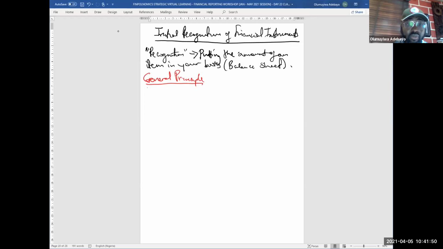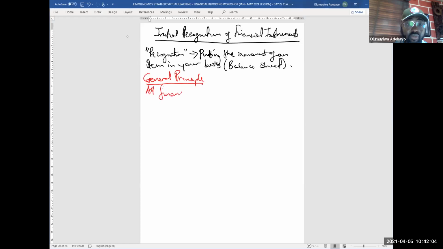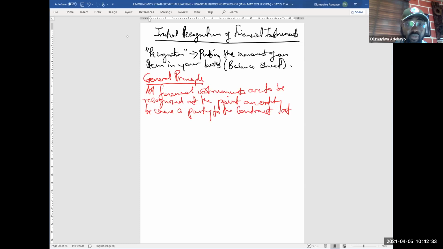And the principle is that all financial instruments are to be recognized at the point an entity becomes a party to the contract at fair value.